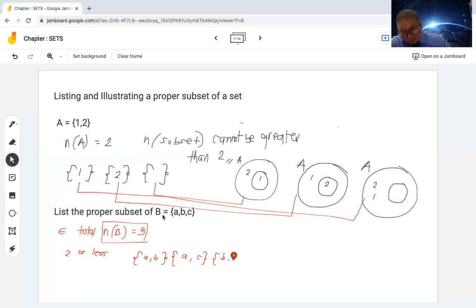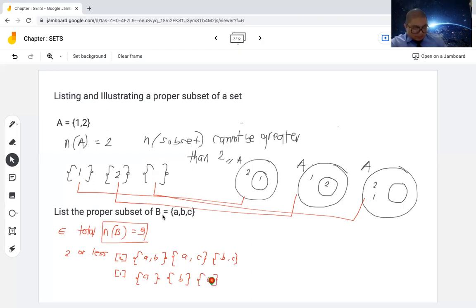So in here, you will now see that there are 3 proper subsets with 2 given elements. And after that, we are going to list down the subsets whose elements is equivalent to 1. So you have A, you can also have B, and you can also have C in there.